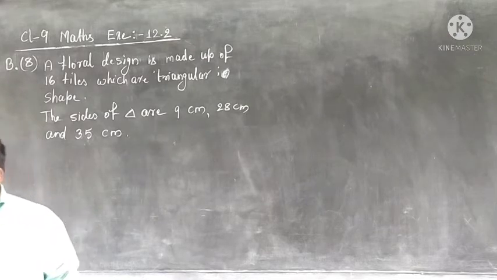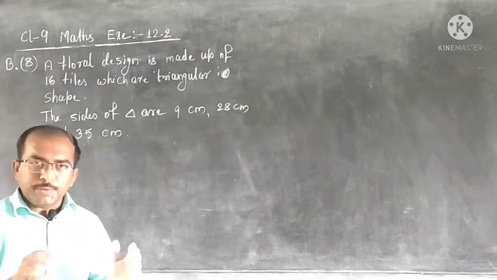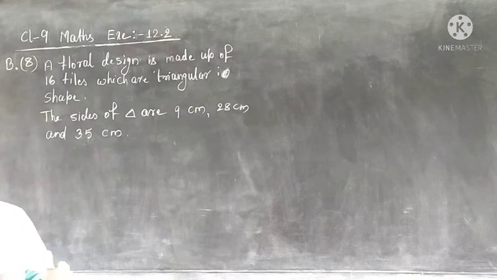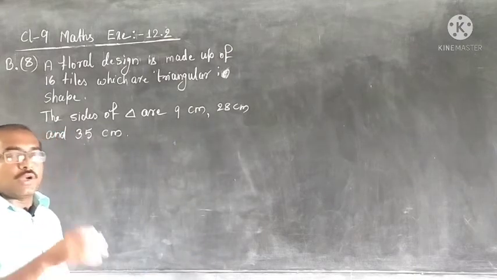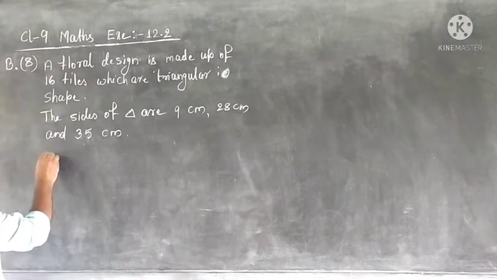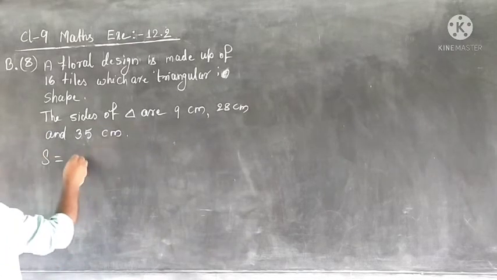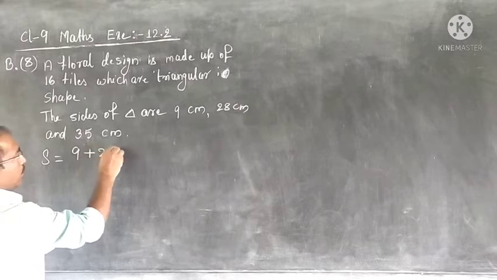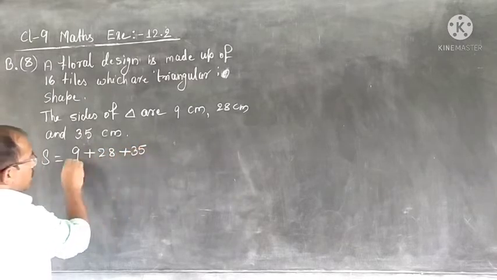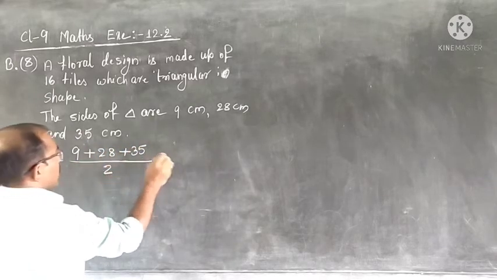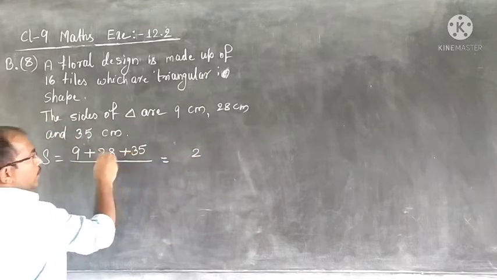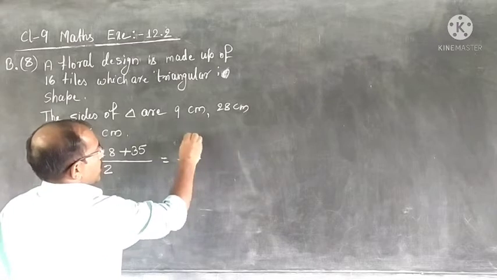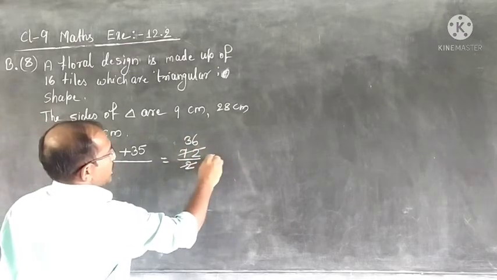The question is: find the cost of polishing the tiles at the rate of 50 paise per square meter. Cost only after knowing how much area we are going to work on. So, we go for semi perimeter: 9 plus 28 plus 35 divided by 2. 5, 8, 39, 22, 3 to 5 to 7, 72 by 2, we will get 36 semi perimeter.